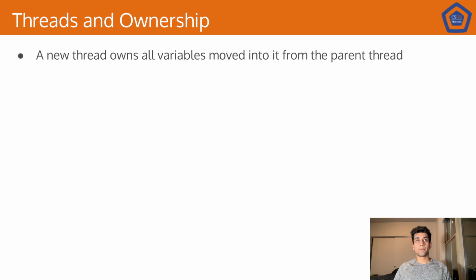Okay, so we've talked a lot about making copies of the original data when you send it off to threads, and so this section will be about why we want to do that, why we want to make copies rather than using immutable references. So we've established that a thread owns all the variables that are moved into it from the parent thread. We use this move keyword to either copy primitive types or move over structs like strings, like senders, anything that can't be copied.